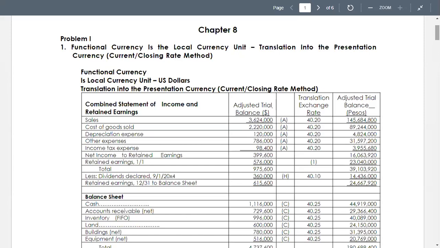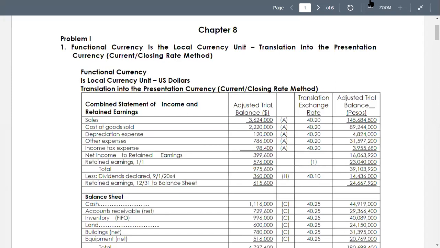Now, of course, we have to understand the meaning of the current rate method and the temporal method. In the current rate method, the financial statements of the entity are prepared in its functional currency and translated into the presentation currency when it is different from functional currency.